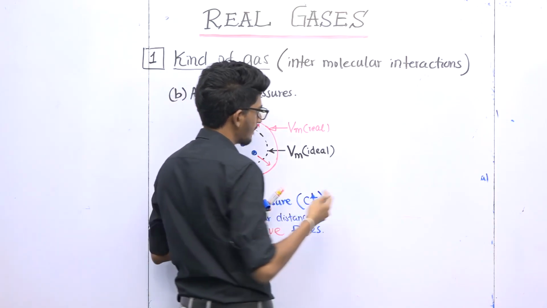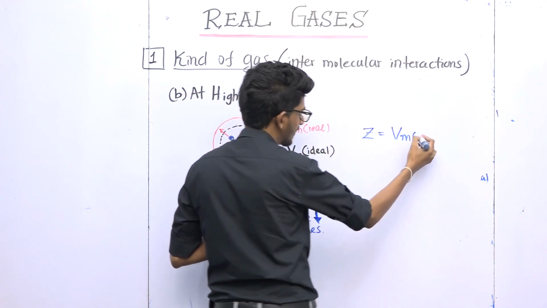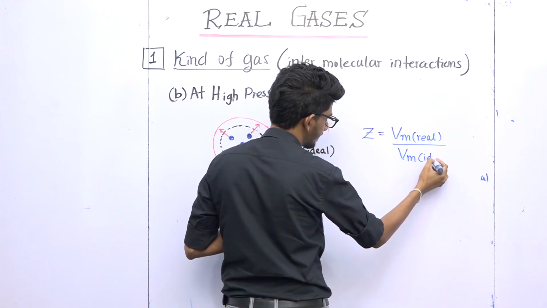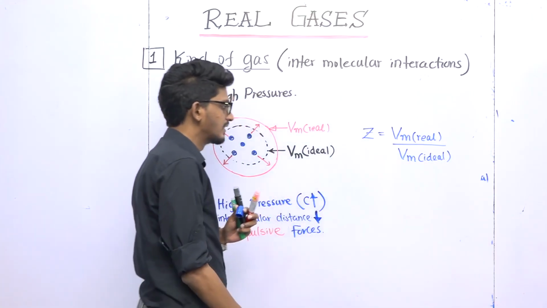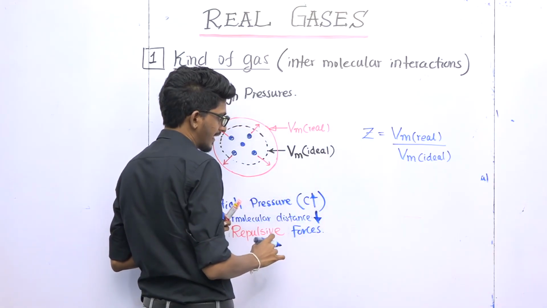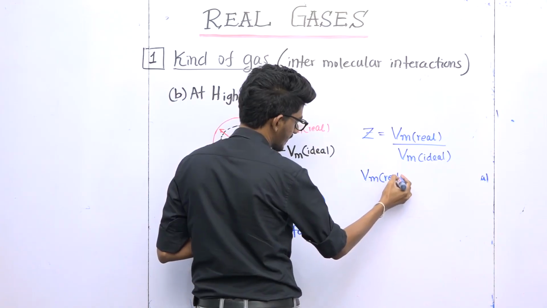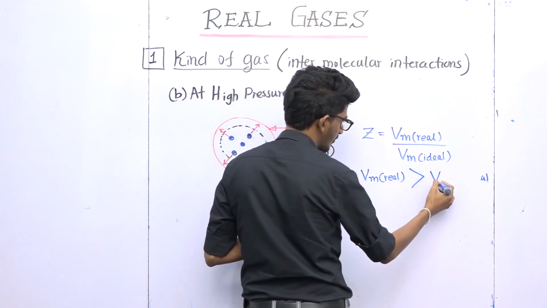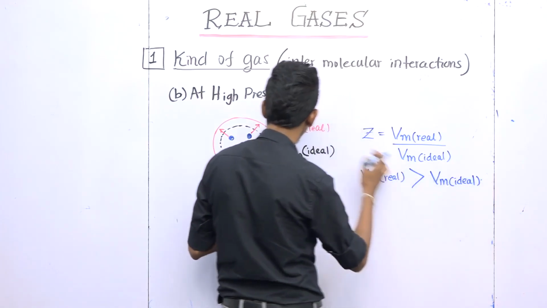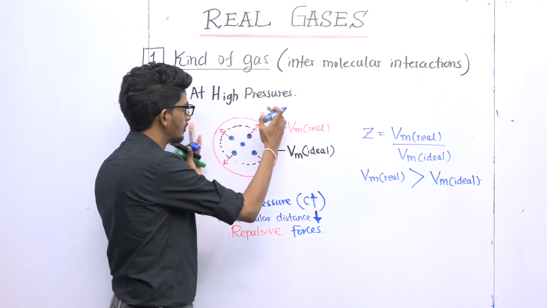We know that Z is Vm real over Vm ideal. When the pressure is high, repulsive forces occur, so the molar volume of the real gas is high compared to the molar volume of the ideal gas. With the repulsions, some expansion occurs, so the same 1 mole of gas molecules will occupy more space.